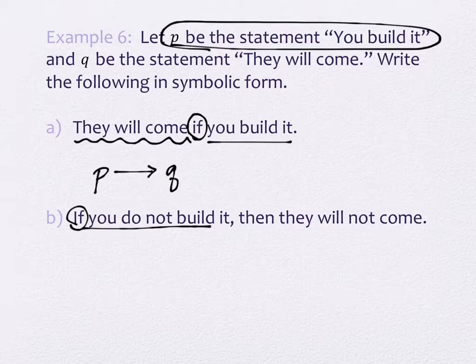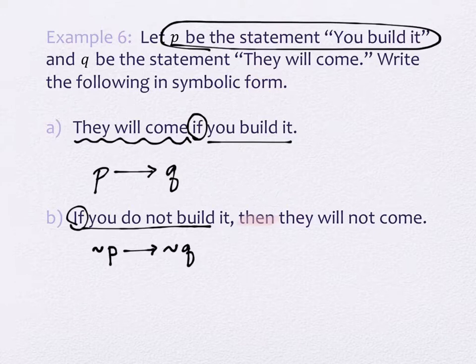If you do not build it, what will that look like? Tilde P. Tilde, because it's got the not in it, right? Tilde P. Then they will not come. Arrow, and then tilde Q. The other thing that's interesting is that there's not always the word then. If you build it, they will come is the same thing as if you build it, then they will come. Funny little English stuff, right?